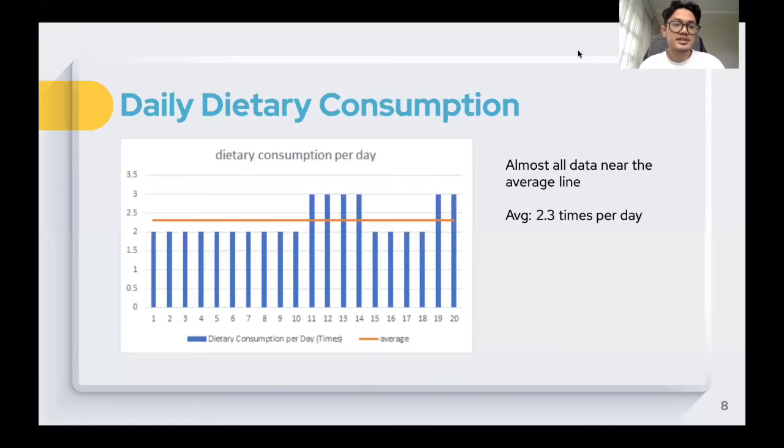And now next is the daily dietary consumption variable. We think that this is the most homogeneous data from all the variables, because if you see the average line of 2.3 times per day of dietary consumption, we can see that almost all of the data falls near the average line, with only data number 11, 12, 13, 14, 19, and 20 above the average line, which is 3 meals per day.